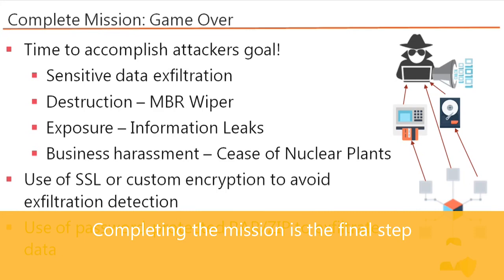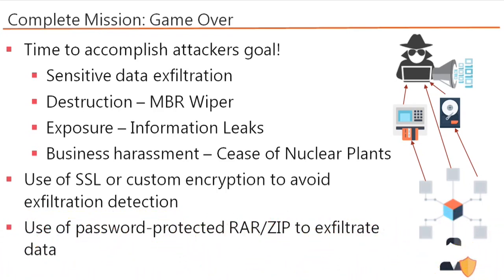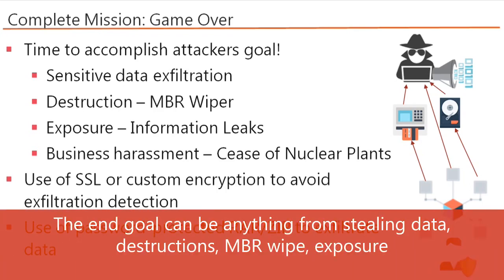They are going to actually implement and execute whatever the goal was for that APT group, and it can be, as I said, exfiltrating all of the data which they want to steal. It could be destruction. It could be an MBR wipe, where they overwrite the first 512 bytes, which is the MBR, the first sector in a hard disk, which means your machine is never going to reboot again.